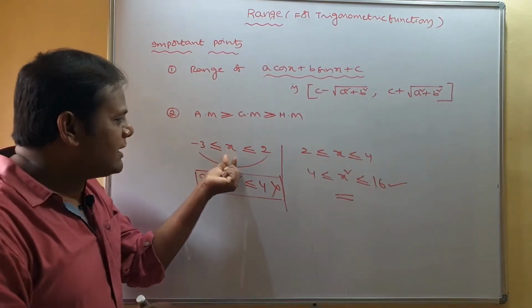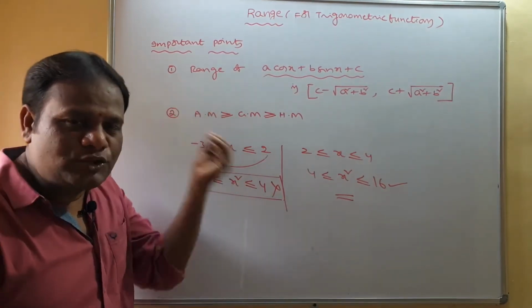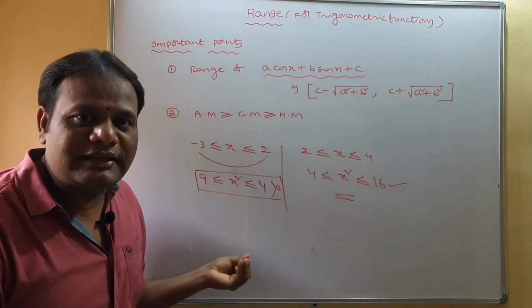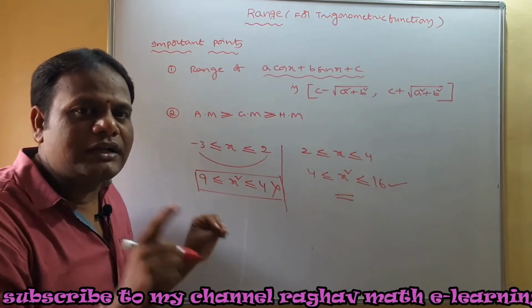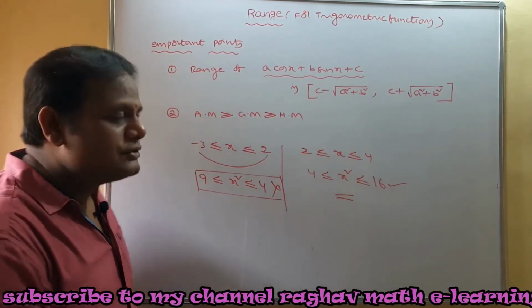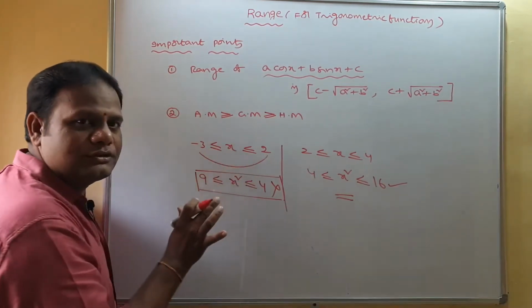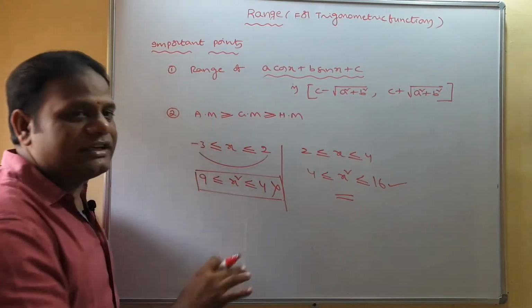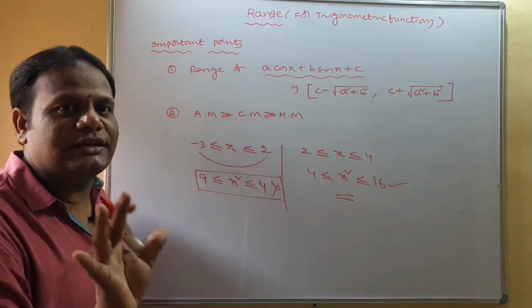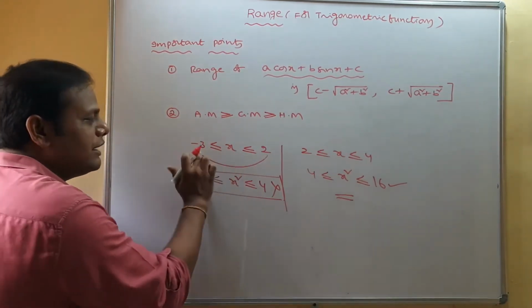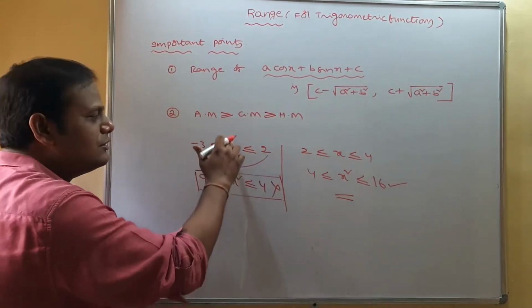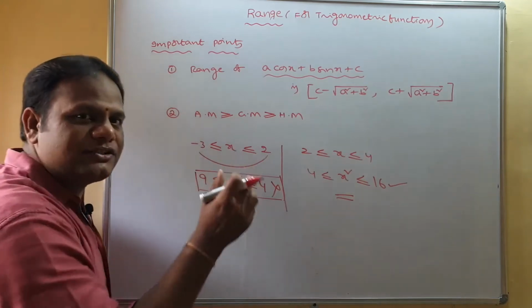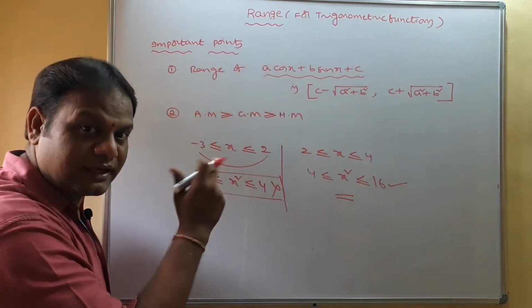So if you take x square, the first point you have to understand, that is we can get all non-negative values, is it? So we can get the values either 0 or more than 0, that's all, is it right? So here between -3 and 2 we have 0. So for x square, the least value should be anyhow 0 square, that is 0, is it?